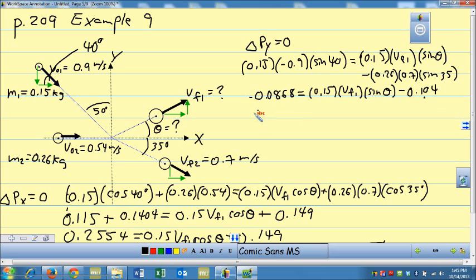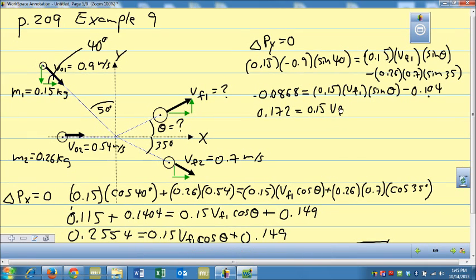That leaves us 0.172 equals 0.15 VF1 sine theta.